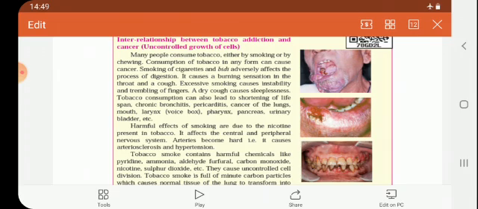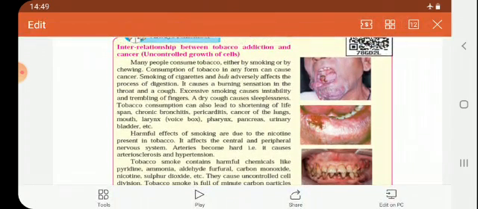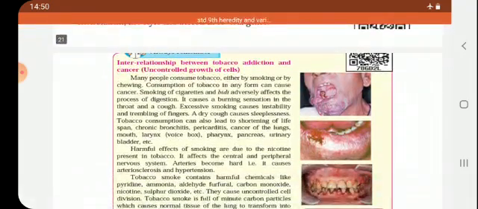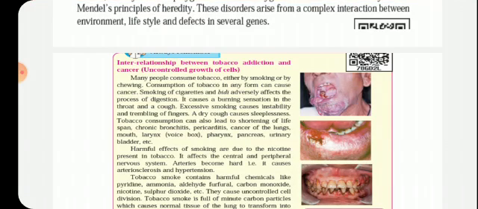Dry cough causes sleeplessness; these people don't sleep for a long time. So it is very dangerous to have the habit of tobacco chewing or taking tobacco in the form of cigarette or bidi.